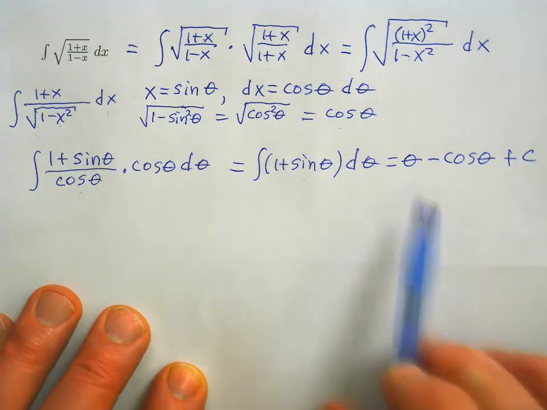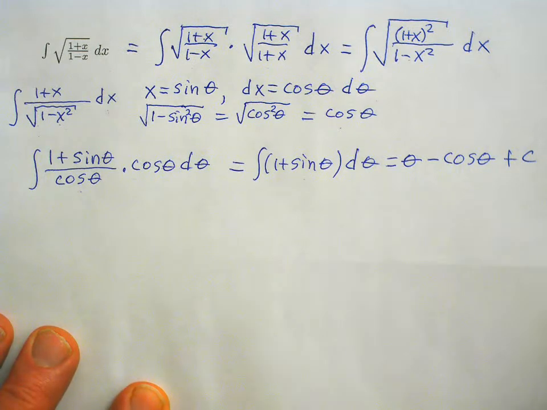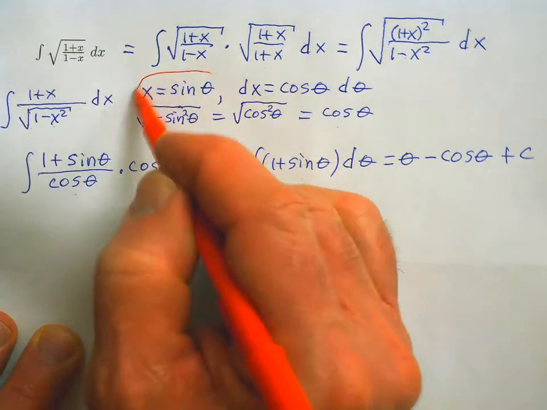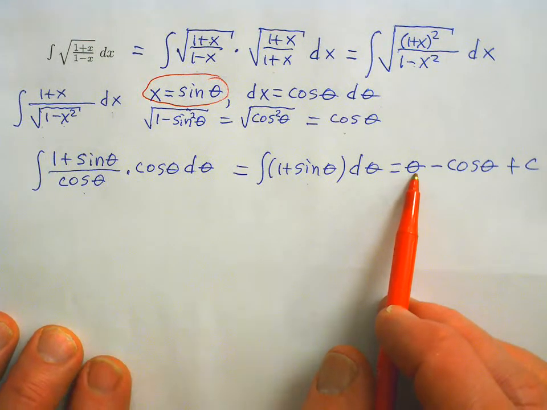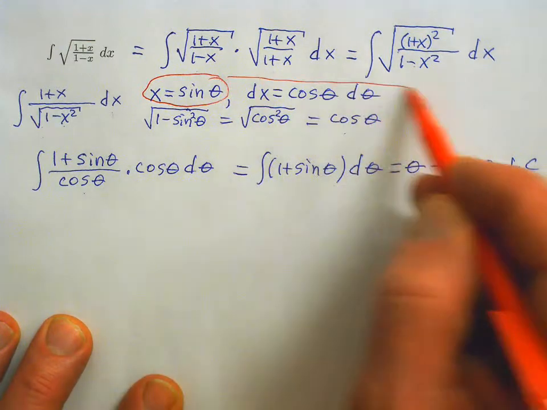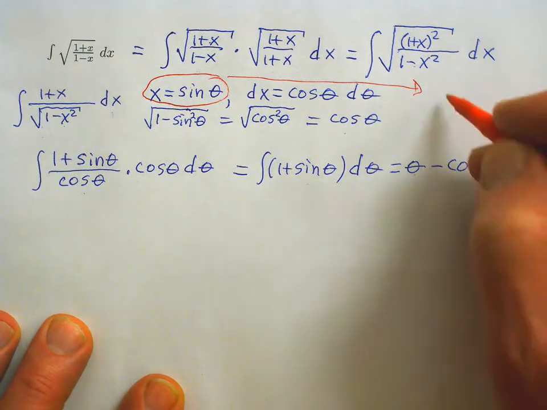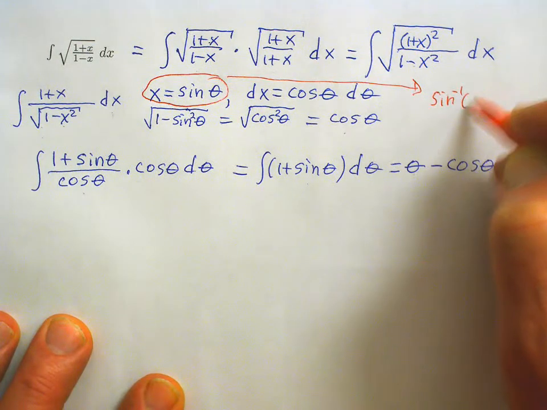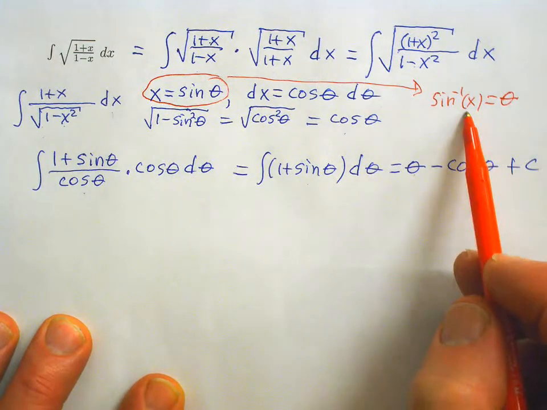Okay, but we remember our original substitution. x equals sine of theta. So if x is sine of theta, that means the inverse sine of x is theta. So this is going to go here.